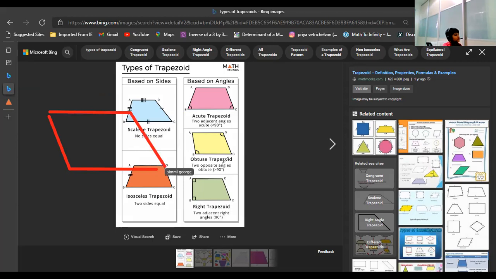So this angle is an obtuse angle, isn't it? It is greater than 90 degrees. And similarly over here also it is obtuse. It has to be opposite, exactly.